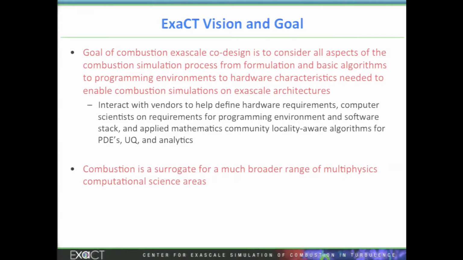So in our co-design center, we interact closely with the vendors to help define the hardware requirements that are best suited to our field. We are working with computer scientists on programming environments, requirements, and runtime systems, and with the applied math community on developing future locality-aware algorithms for PDEs, UQ, and analytics.